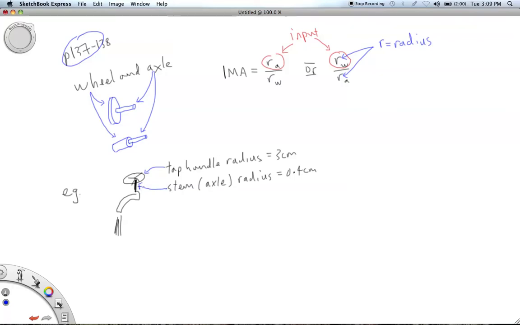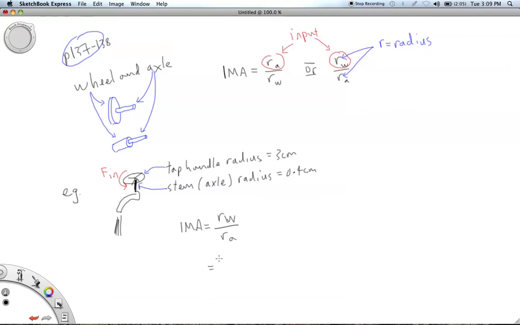Now, you've got to do a little bit of thinking here. For a tap, what part is being turned by you? What is the input force? The input force actually is being applied to the tap, which really is the wheel. So if the input is going into the wheel, the formula I'm going to use is IMA equals the radius of the wheel over the radius of the axle, because I'm applying the force to the wheel.